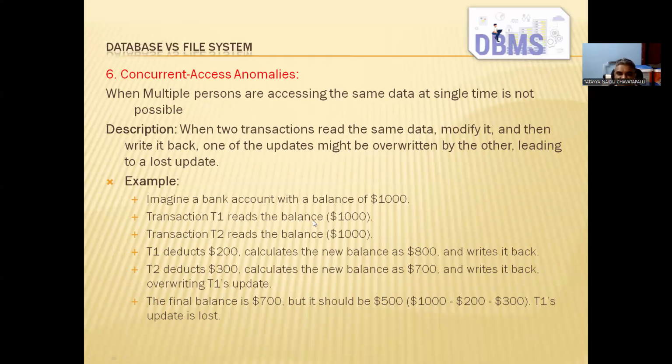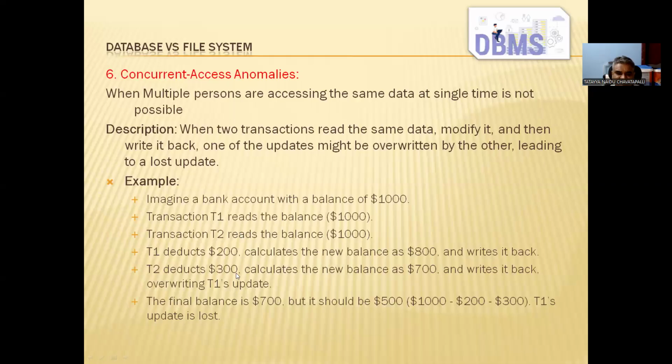Transaction 1 reads 1000 rupees and transaction 2 also reads 1000 rupees. Transaction 1 debits 200, calculates the new balance as 800, and writes it back.